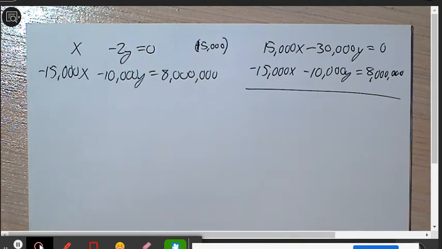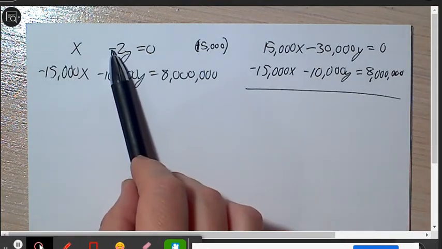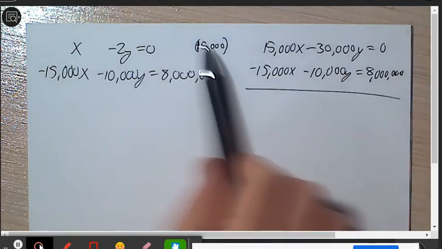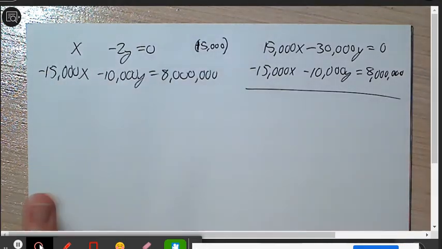Okay, so the good news on this one is you're in control. You get to pick which one you want to do. If you're bad about forgetting some negatives along the way, then just multiply by 15,000 and cancel these. So whether you eliminate x or y, it's totally up to you. It's whichever one you want to go with here.